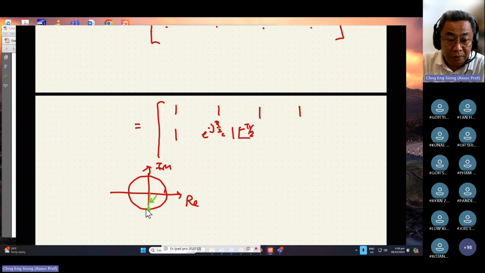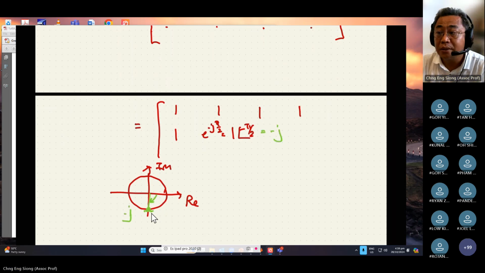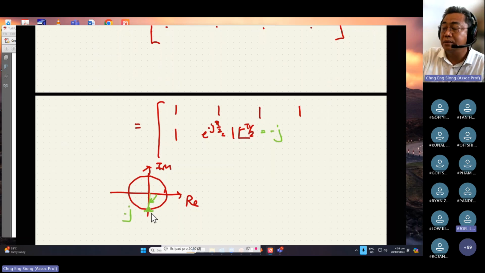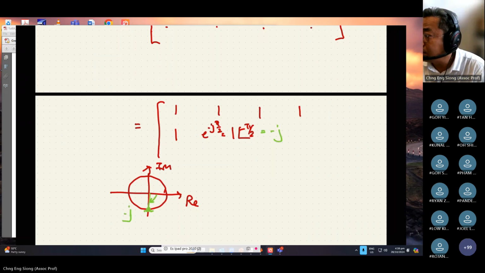This vector, the green vector, going down, unit is 1. Actually, when we are going along the imaginary, the unit is minus j. So this vector is actually minus j. Can you all see, guys? Yes?